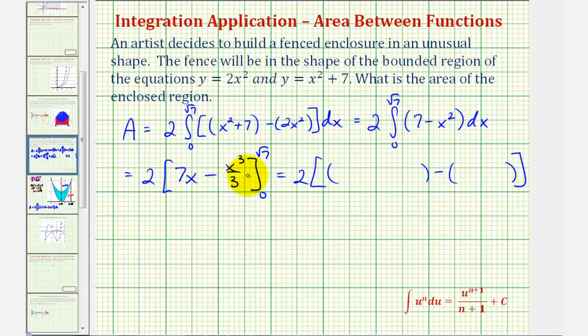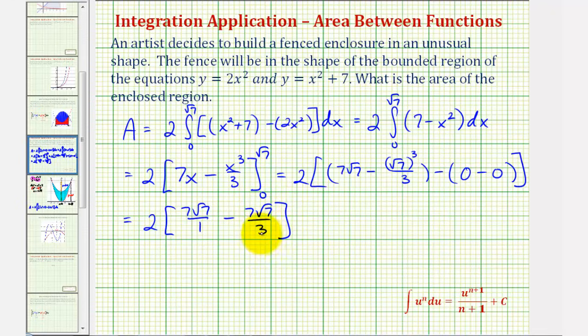So when x is square root 7, we would have 7 square root 7 minus square root 7 cubed divided by 3. And then when x is 0, we would have just 0 minus 0. So we have 2 times, this would be 7 square root 7 over 1 minus square root 7 cubed, which would be 7 square root 7, so we have 7 square root 7 over 3.